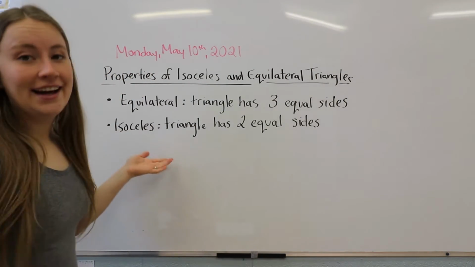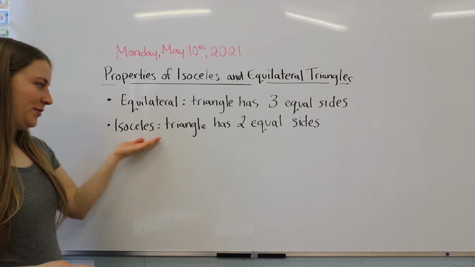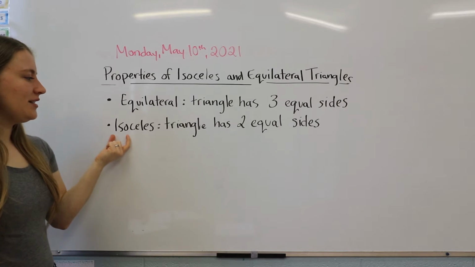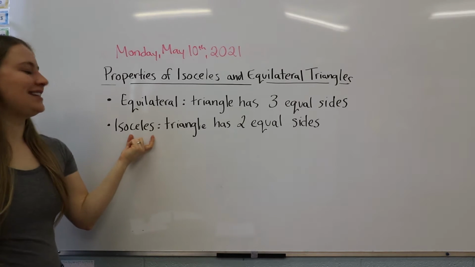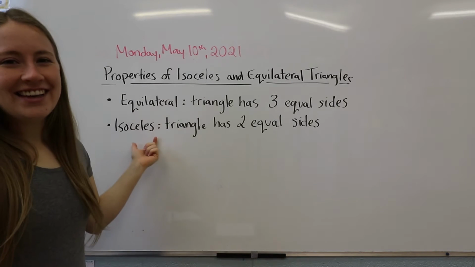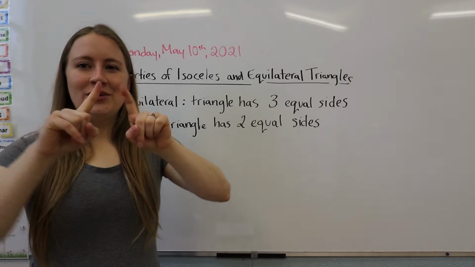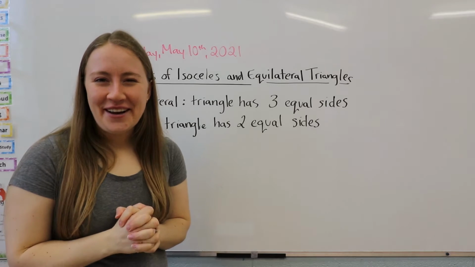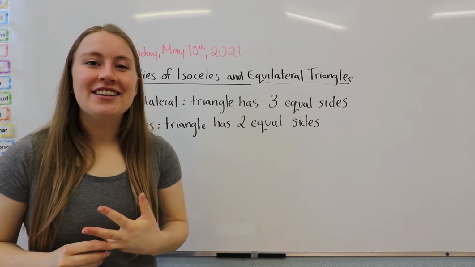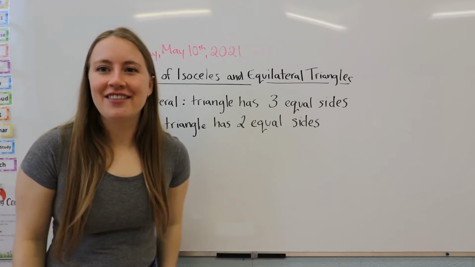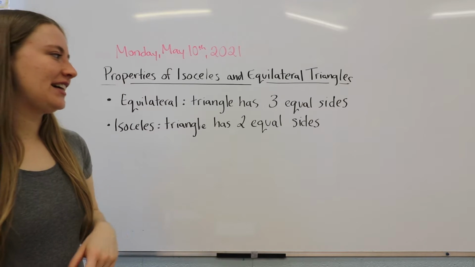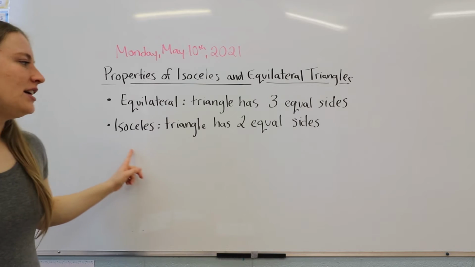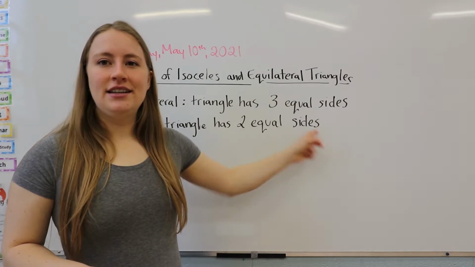Because interestingly enough, this word also is telling us what it means, because iso also means equal, and then celes means legs. So it's talking about how it has two equal legs, which is funny to think that a triangle has legs, but it just means that there's two of them, right? Like we have two legs. The two legs of the triangle are equal.